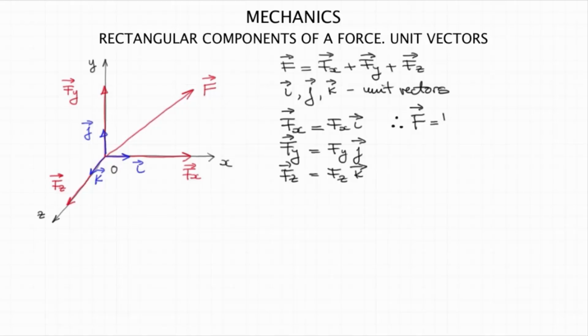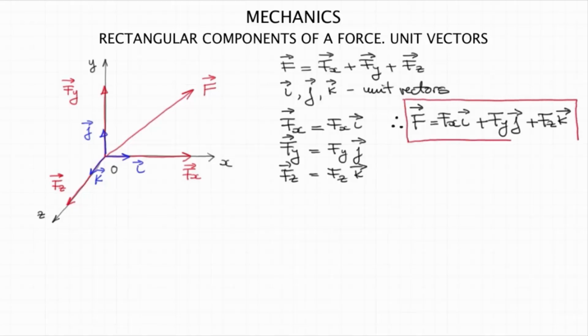And hence we can express F as Fx times i plus Fy times j plus Fz times k, which is a very important expression of a force in 3 dimensions. It's also known as the Cartesian expression of F, or the vector format expression of F in 3 dimensions.